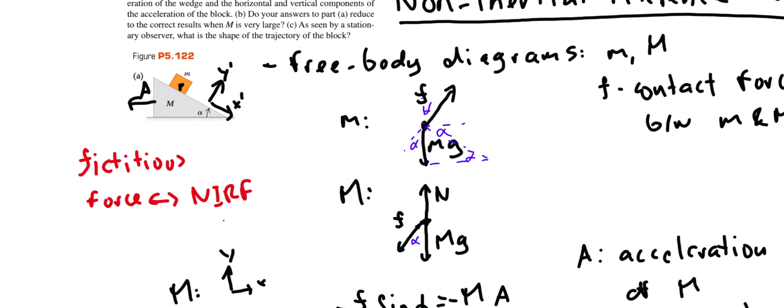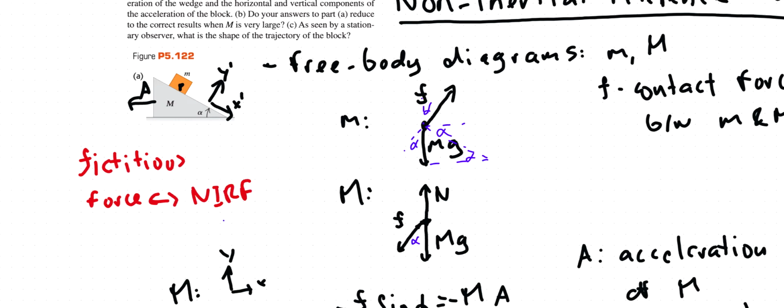I want to be able to use the x prime, y prime coordinate system that I designated here. And in order to do that, well, that's an accelerating reference frame, right? The wedge itself here is accelerating. It is accelerating to the left, so we need a fictitious force to the right.